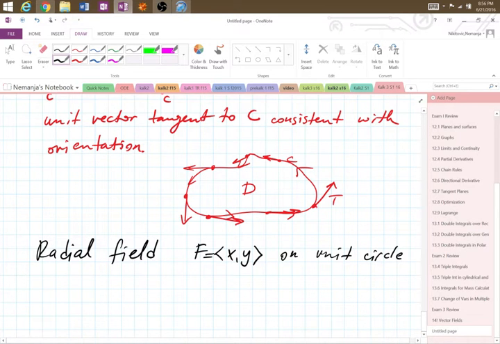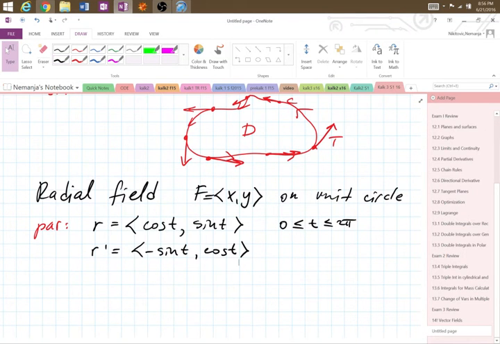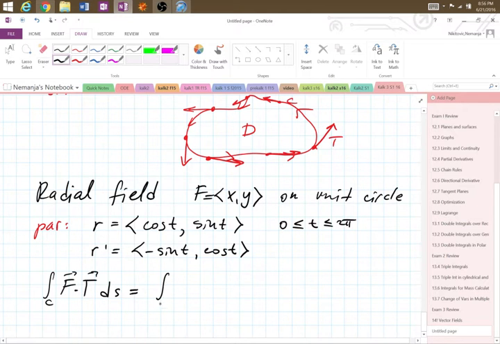So now what's the parametrization? I'm just going to start writing par, which stands for parametrization. Parametrization for the unit circle R is just cosine t, sine t on 0 to 2 pi, which means that R prime is negative sine t, cosine t. And now to compute our integral, we just do the same thing, 0 to 2 pi, we dot those two.